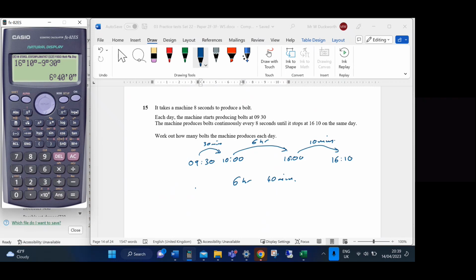So that's how long the machine is running for. I'm going to convert that to being a decimal hour. So in effect, it's going to be working for 6 2/3 of an hour.